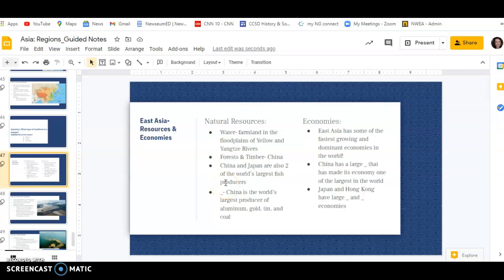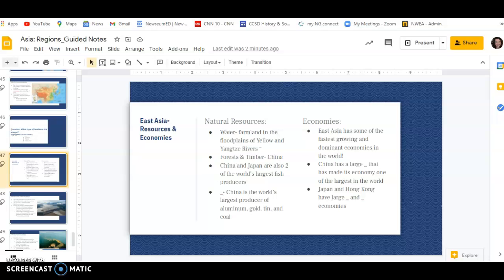So, East Asia has a variety of resources and economies. Now, when we talk about economies, we're talking just basically about how people make money. How does the country make money? The resources that people in China have available to them are water. Again, so we see farmland and agriculture and irrigation being used in the floodplains of the Yellow and Yangtze rivers.